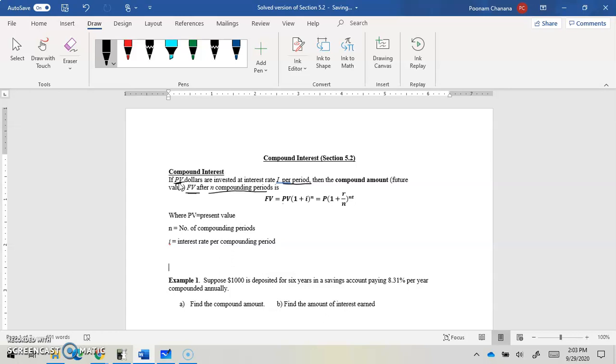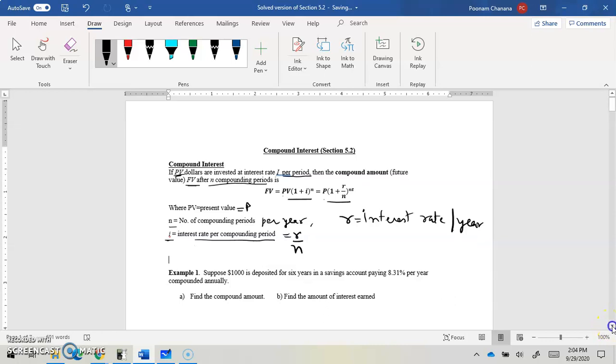Or it can also be written as P times 1 plus R by n raised to the power nt, where P is again the present value, n is the number of compounding periods per year, R is the interest rate per year, and I is the interest rate per compounding period. That means I is basically R by n. That's why this formula can be written as this.